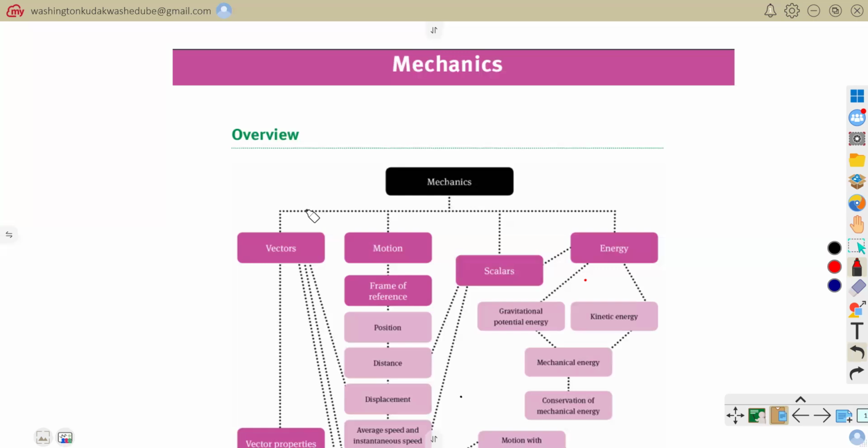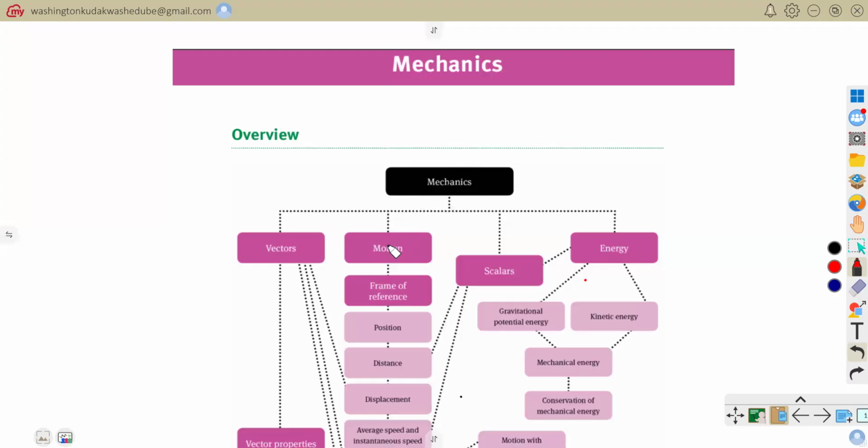Thereafter, we will conclude with a practice exercise to check comprehension of what we would have done. So the major part of this video is to introduce the basics of mechanics. After this video, we are going to dive deep into motion in one dimension.